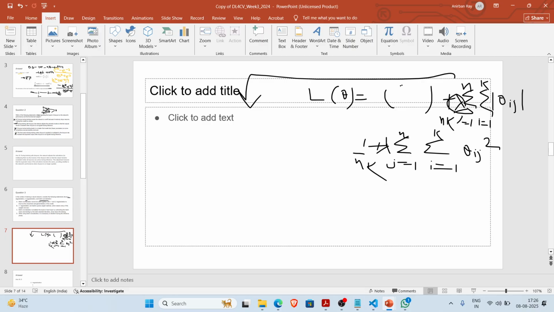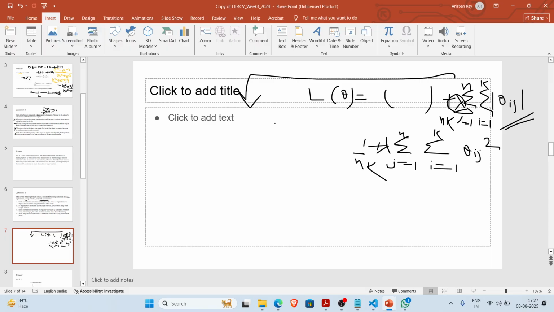So the terms in the actual loss are reduced in both of these. In case of this L1 norm, it is reduced to a greater amount because it is the feature of this L1 norm.